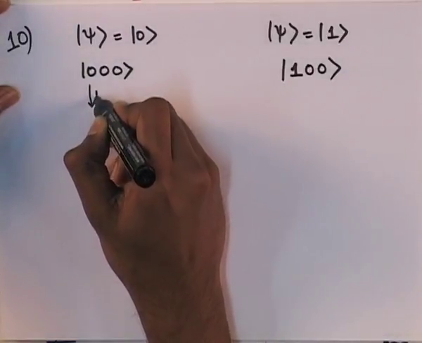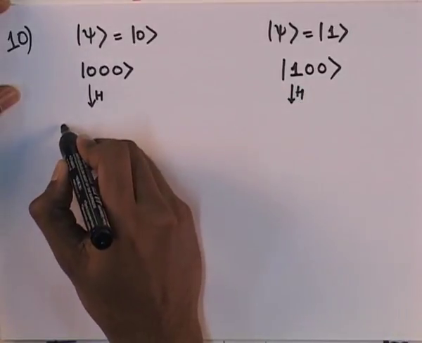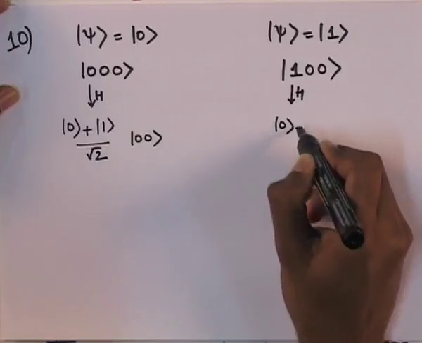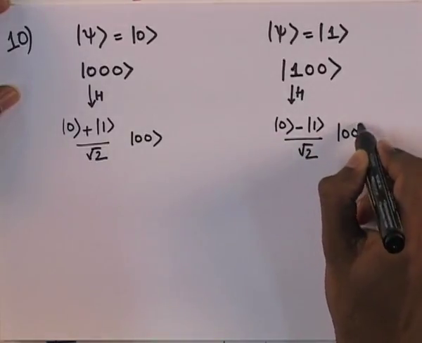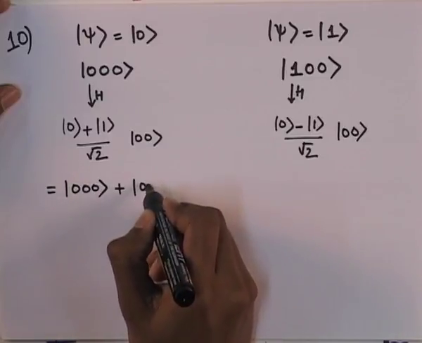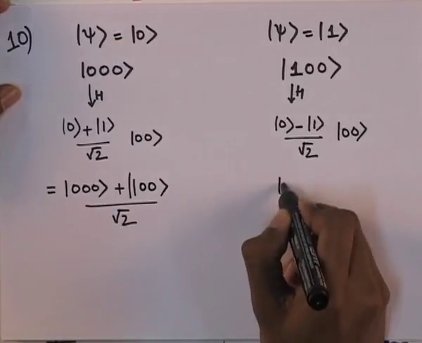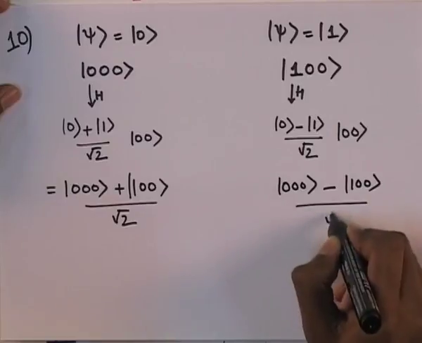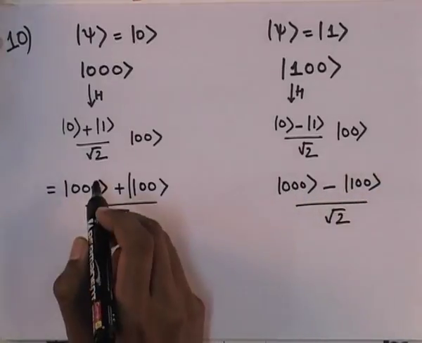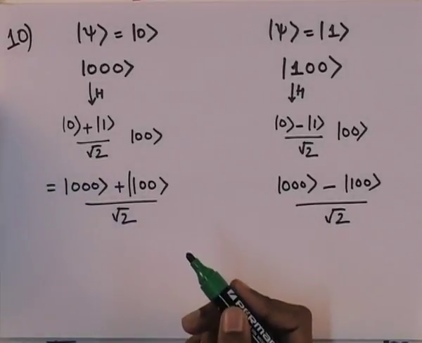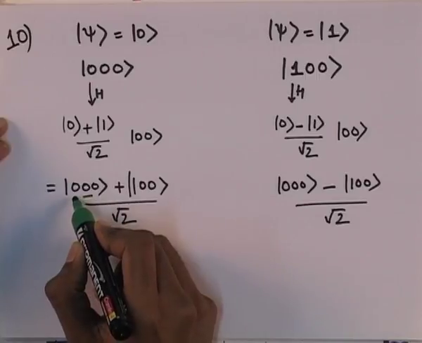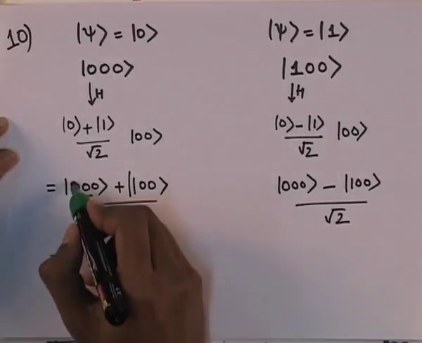First, a Hadamard gate is applied on the first qubit, which gives us qubit 0 plus qubit 1 divided by root 2 times 00, and here we obtain qubit 0 minus qubit 1 by root 2, and then there is a CNOT operation where the target bit is the second qubit and the control bit is the first qubit.